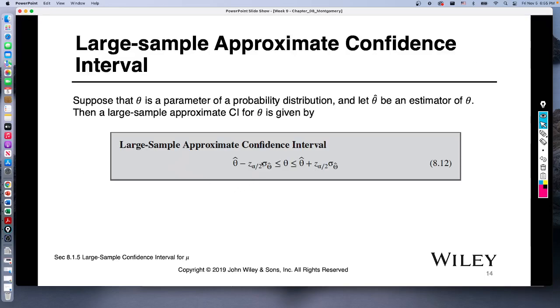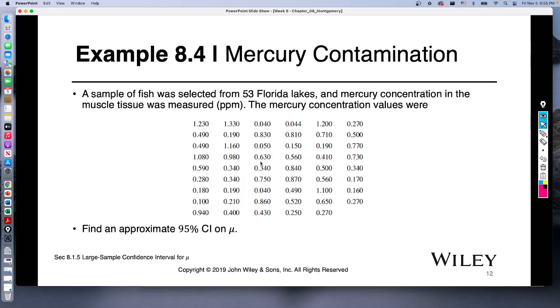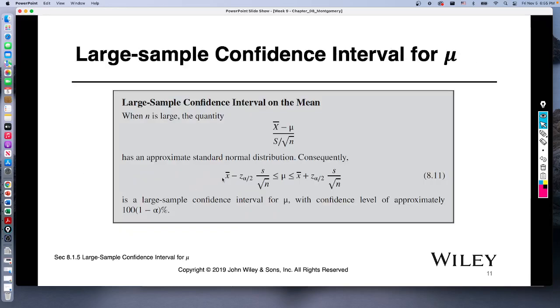Right, here's the z value times the standard deviation divided by square root of n. So that's all it is. The t is a different type of number that is sensitive to the size of the sample.